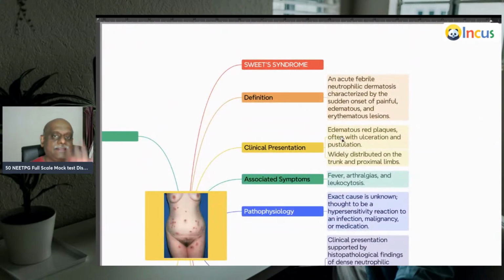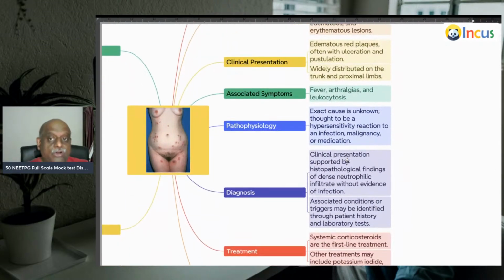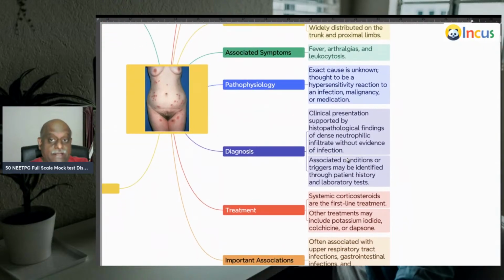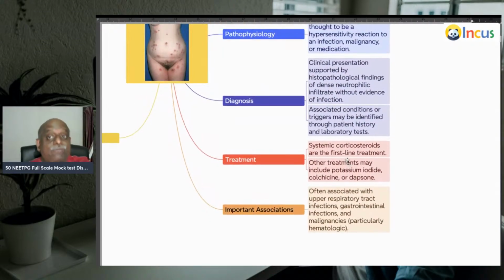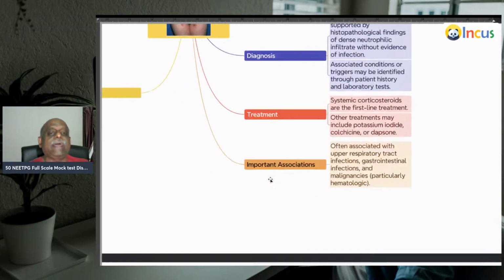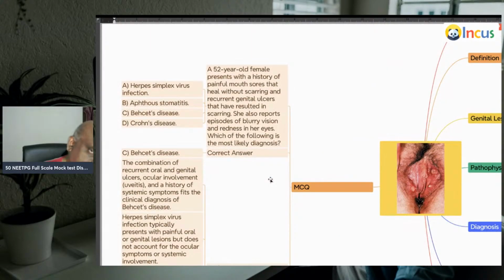So everything about Sweet syndrome, in the same mind map, I give you the whole list of things: edematous, red plaques, fever, arthralgia, leukocytosis, hypersensitivity to an infection, malignancy, or any medication, with neutrophilic infiltrate, which is very characteristic of Sweet syndrome, is what you need to remember.